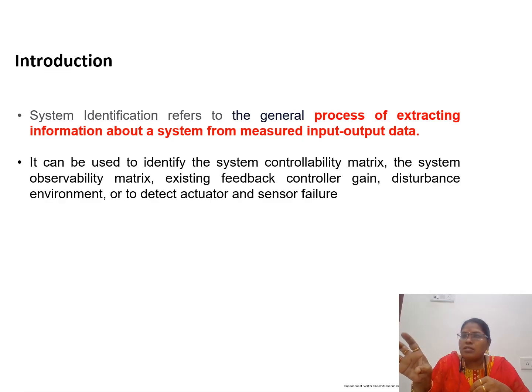This we call system identification. It is also used to identify the controllability matrix and observability matrix. If there are any sensor issues or if you want to measure anything, then we can convert those things into a matrix, and also to detect actuator and sensor failure.